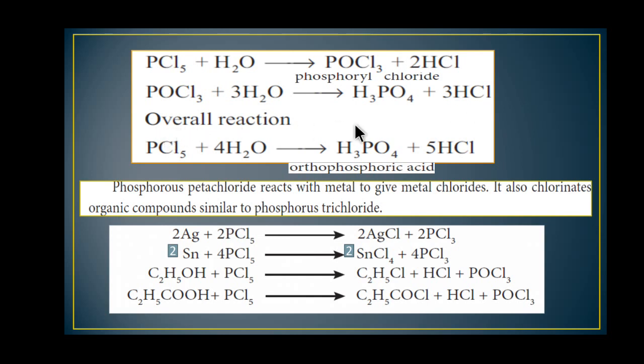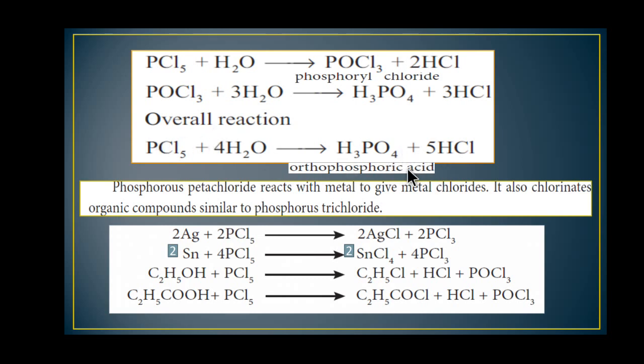Now just write the overall reaction. Is it clear? So this is the reactant side and this is the product side. Now we are going to write the overall reaction. Just cancel POCl3 and POCl3, and on the reactant side the number of PCl5 is 1 and the water is 4 moles, with H3PO4 1 mole and HCl 5 moles.